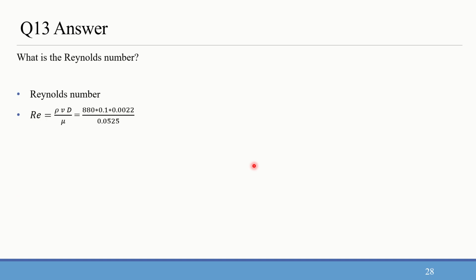At that point, what will happen? 880 divided by this into 0.1. Okay, here it won't be 0.1, right? It will be 0.025 and it will be 0.0022. It will be 0.18 if velocity is 0.025.